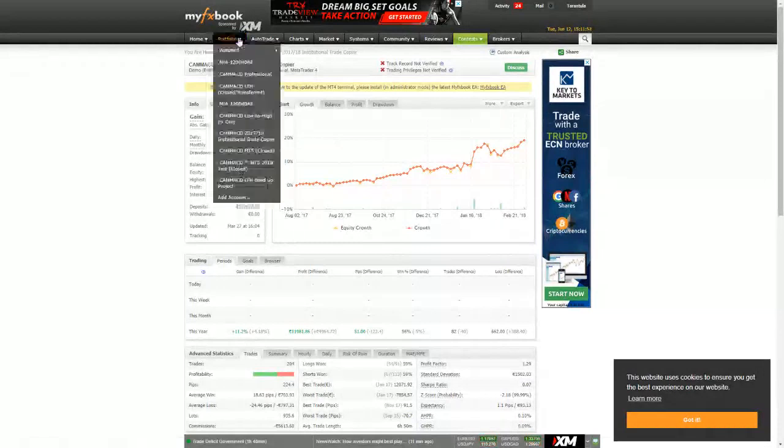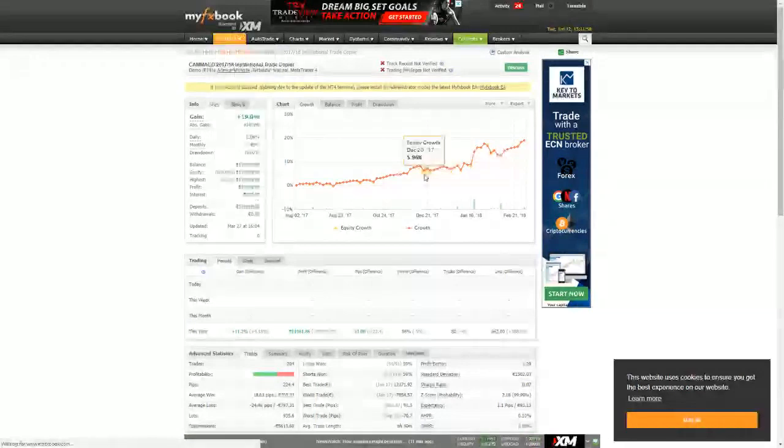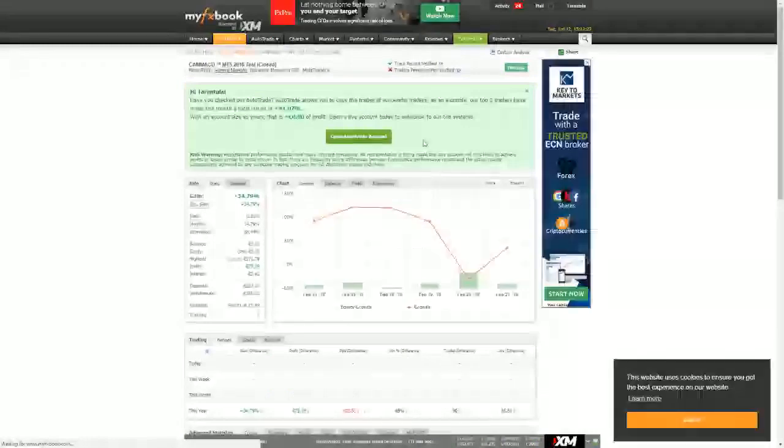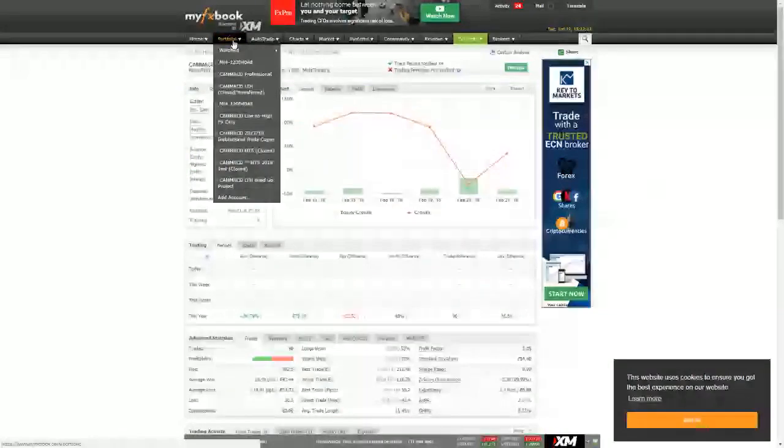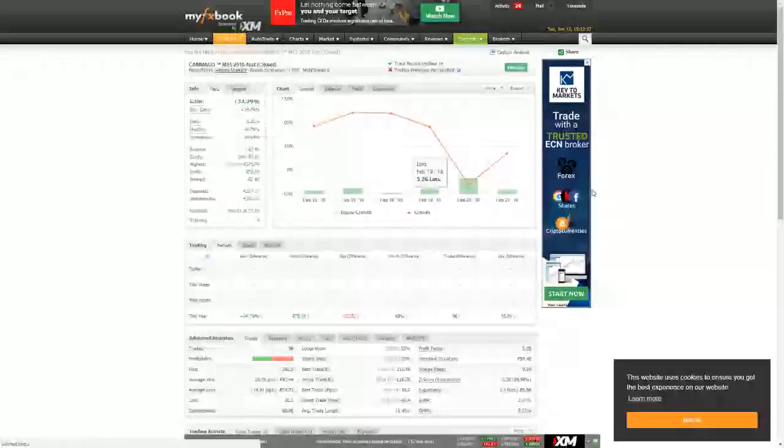Also here, I have some test accounts. For example, when I did testing on the MT5 to see how it goes, I always do tests, guys, and trading on real accounts. So this was like 34% of gain, a little bit higher drawdown for my taste.